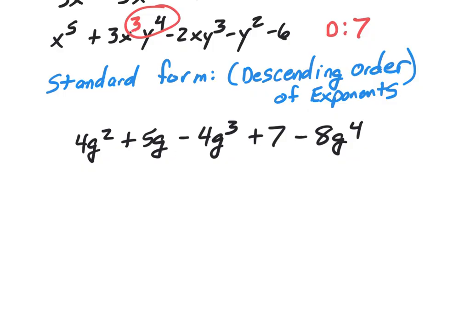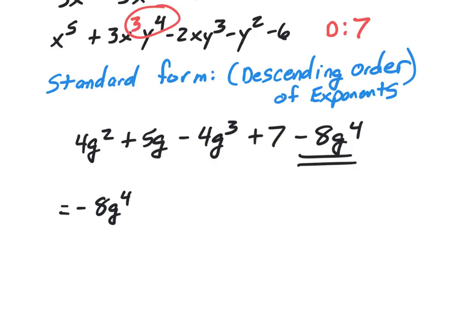So what's the highest exponent we have here? 4. Okay? So this whole term is going to come first. Not just the g to the fourth, but whatever is in front, whatever coefficient it has, is going to stick with it. So we're going to rewrite it as negative 8g to the fourth. That whole thing is all together.